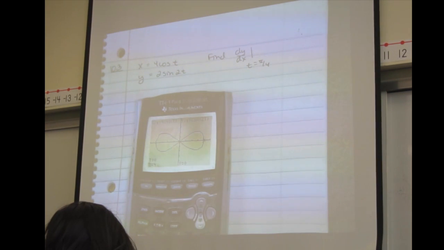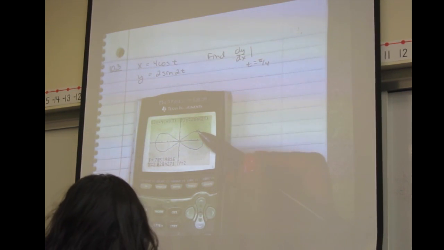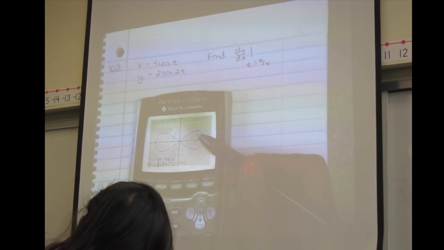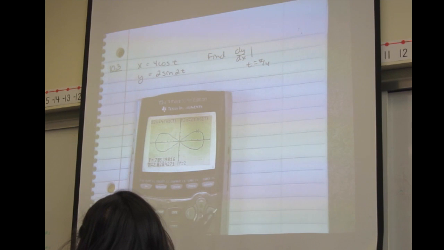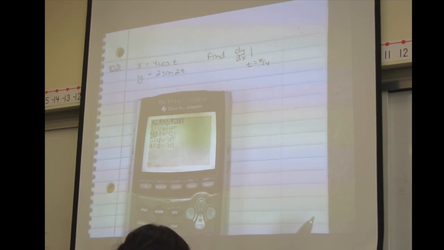If you go to trace, second trace, do value, pi divided by 4. At this point, we can find slope of the tangent line. If you actually go second calc, it's sitting right here: dy dx.